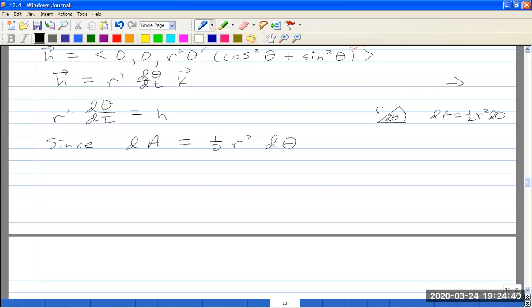So I have for a little sector that dA is 1/2 R squared d theta. Then I have that dA dt is equal to R squared over 2 d theta dt.